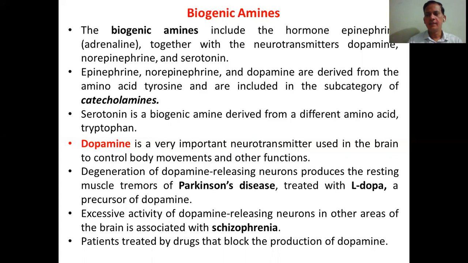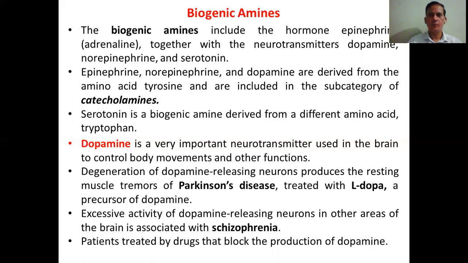You might have seen some people, especially old people, who cannot control the movement of their hands or sometimes neck. It continuously keeps on vibrating. That is the symptom of Parkinson's disease. Usually it is treated by giving L-dopa, which is a precursor of dopamine, since there is a decrease in the amount of dopamine and it is given from outside.